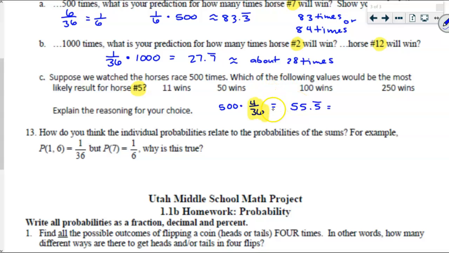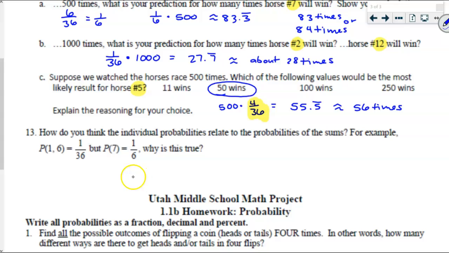Now, again, this is an example of our theoretical probability tells us it probably should happen about 56 times, 55, 56 times. Is that one of our options? No. So which one is the best one? This experimental probability is probably the closest option. Way closer than 11 or 100 or 250 wins.